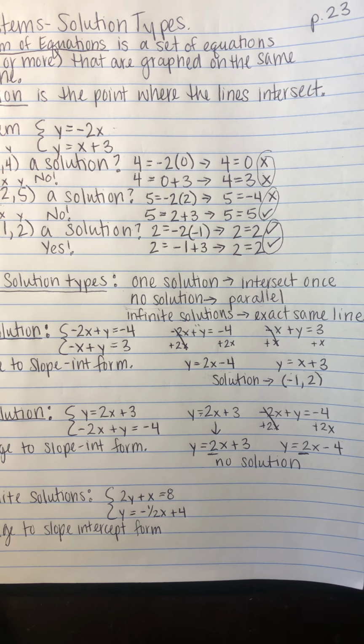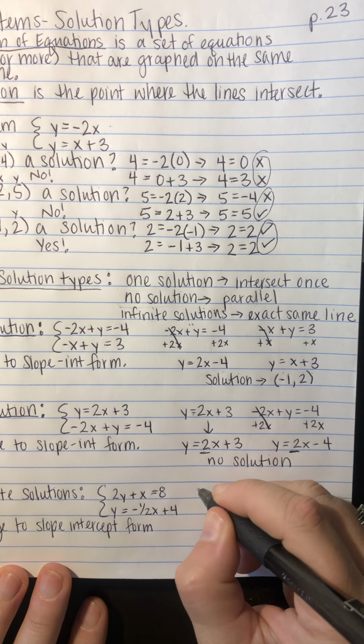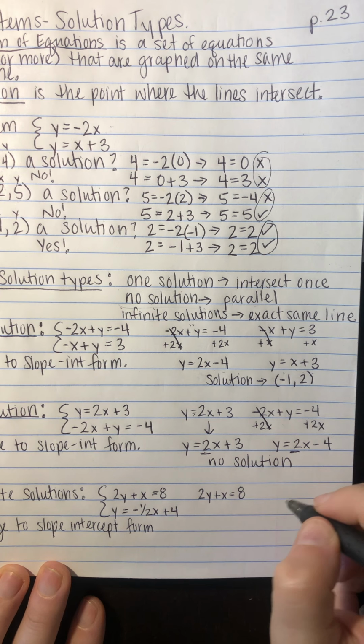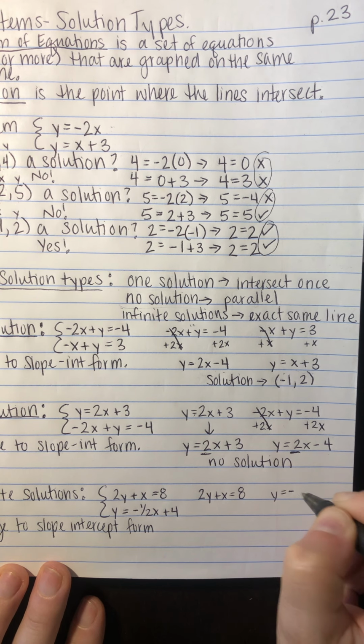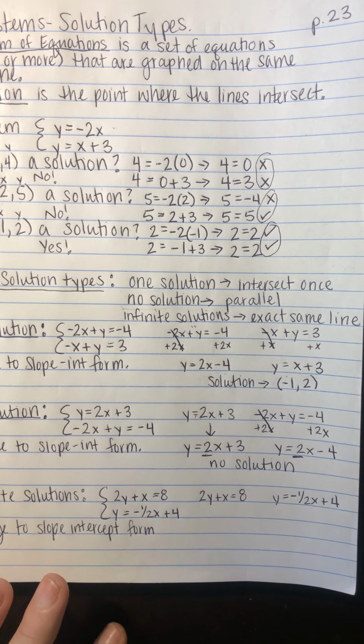All right, and we are going to make sure that we have both of these in that format. So 2y plus x equals 8, that does need to be changed. Our second one, y equals -1/2 x plus 4, that one's already in slope-intercept form, so we'll just bring that one down at the end.